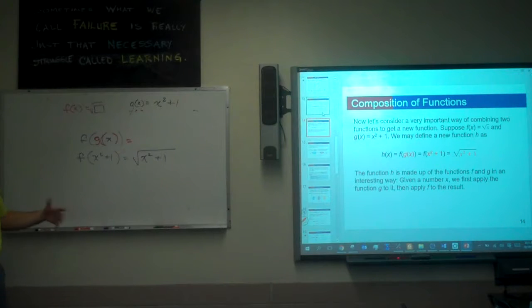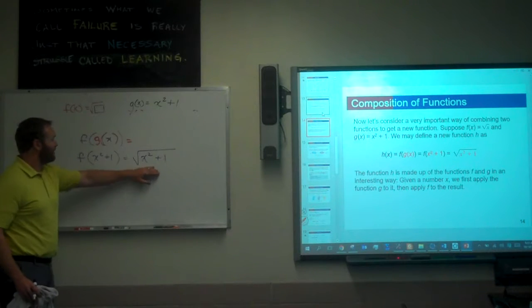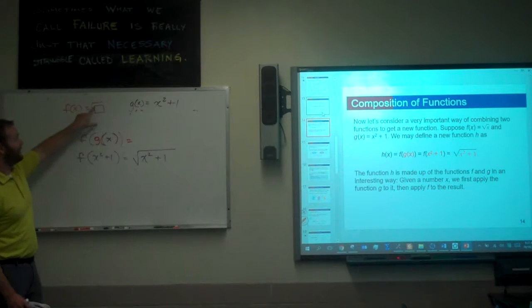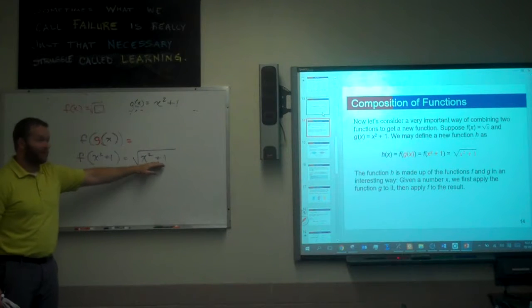Everything else stays static. It stays the same. The square root doesn't change. If I've got a plus or subtraction or multiplication or division of anything else that is non-variable, it all stays the same. So the hope is that you realize that this f of g of x function still has the same format this one did. It's still a square root, right? It's just that my input now is a little bit different.